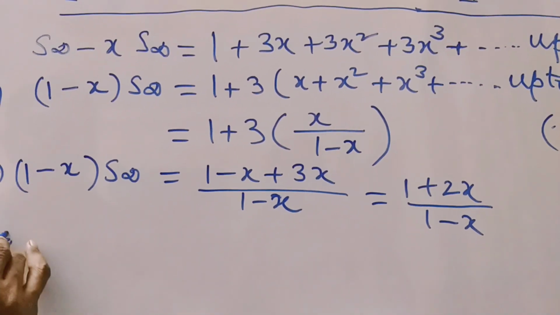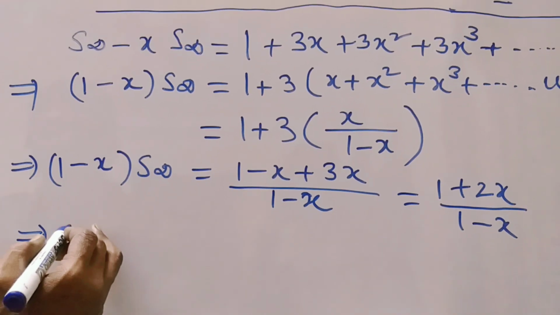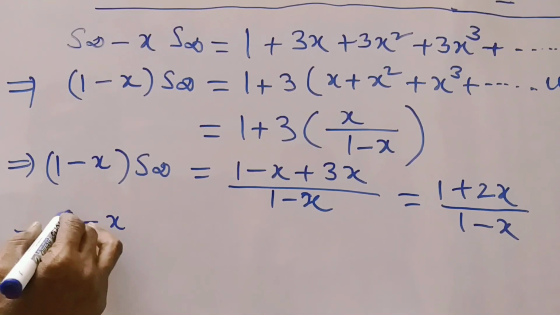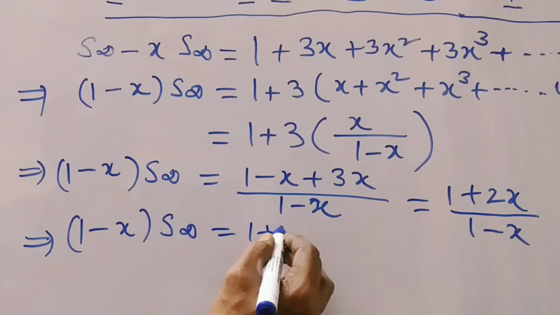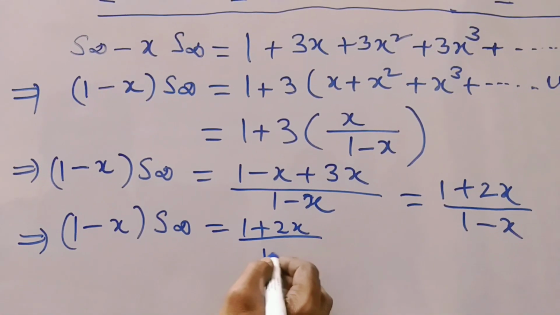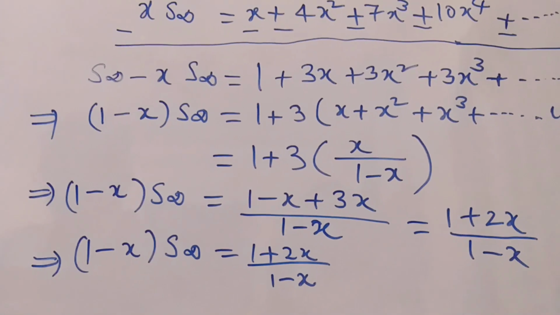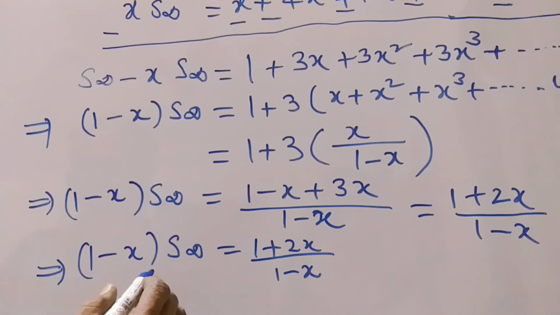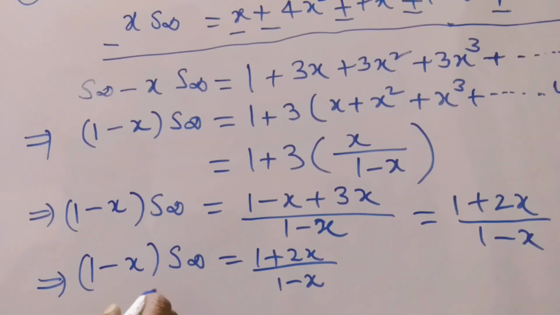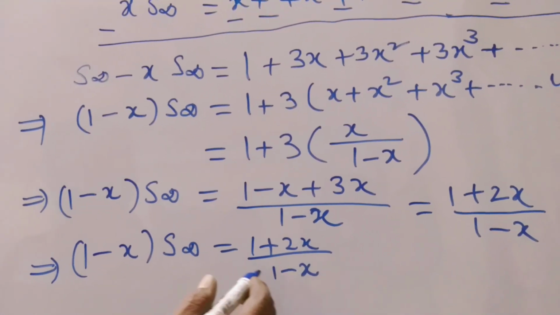So 1 minus x into S infinity is equal to 1 plus 2x by 1 minus x. Now we need only S infinity. S infinity is equal to 1 plus 2x by 1 minus x square.